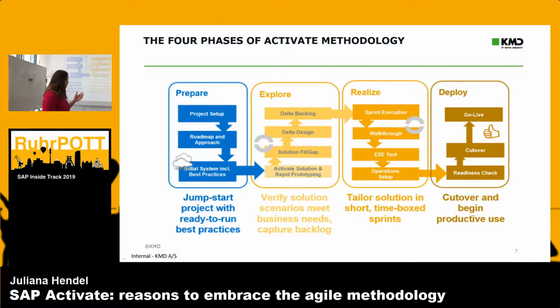So that's, in a sense, what we get in terms of the methodology. You can see those gray circles over there. That's how we define the iterative approach. These are the agile principles, the agile techniques that we use, some in explore, but mainly in the realize phase. Okay.